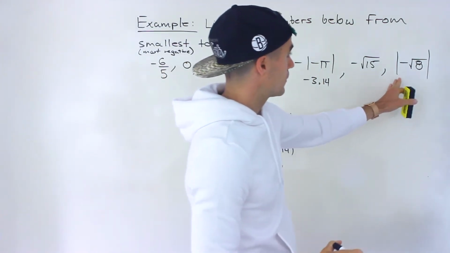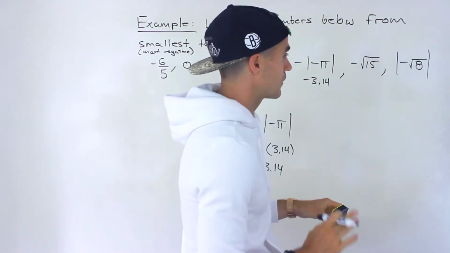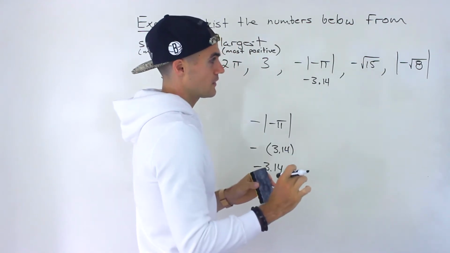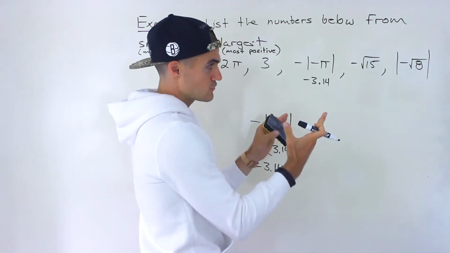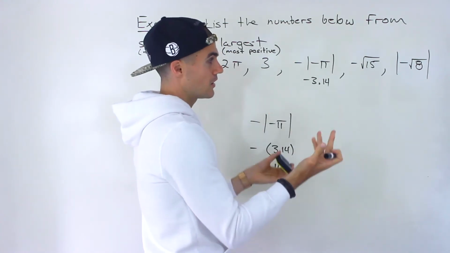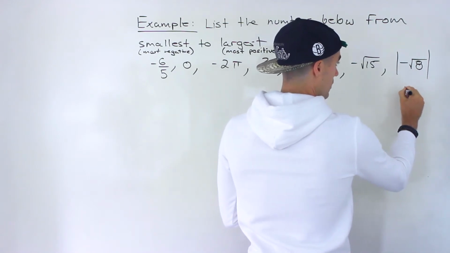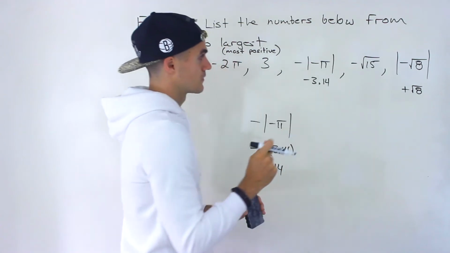Then over here, we've got the absolute value of negative root 8. Now root 8 is approximately 2.8 if we round it to one decimal, and the absolute value of negative 2.8 is going to be positive 2.8, right? So this here simplifies to positive root 8, right?